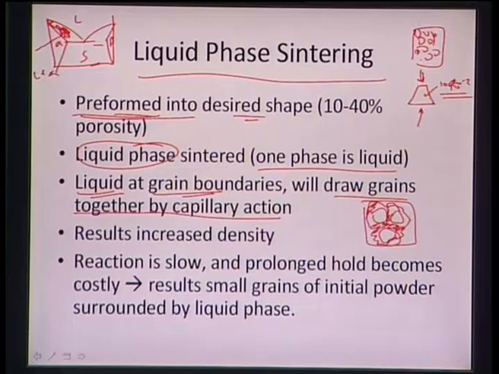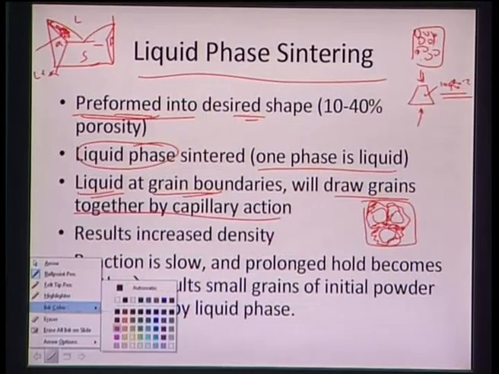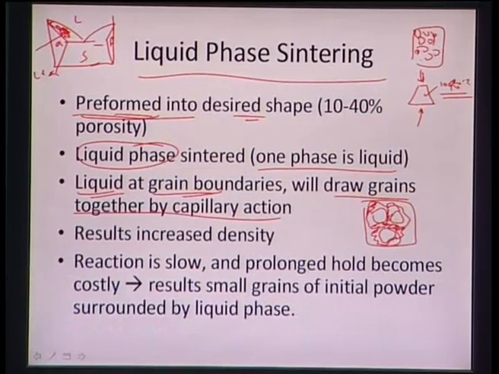So this grain will try to go near the other grains, this grain will also try to come closer, and this grain also will try to come closer to one another. Overall, this effect arises because of capillary action.